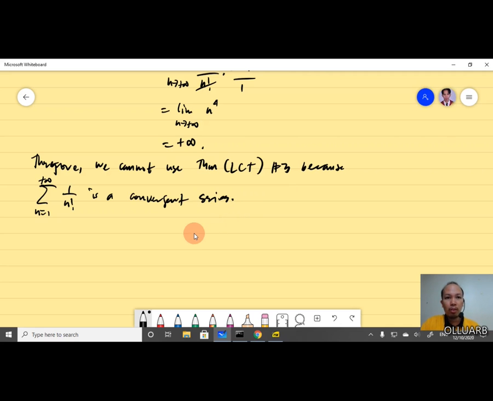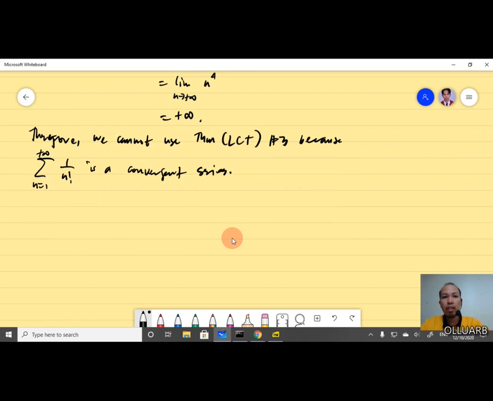Okay, so don't lose hope. There's a way on how you can use the LCT here. Remember that in our previous lesson, if we discard or eliminate finitely many terms, then the convergence or the divergence of the series is not affected.